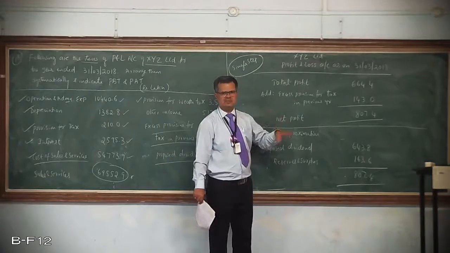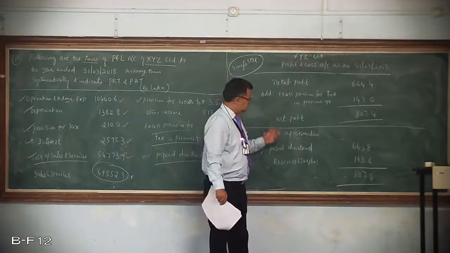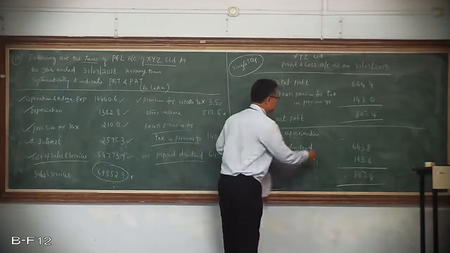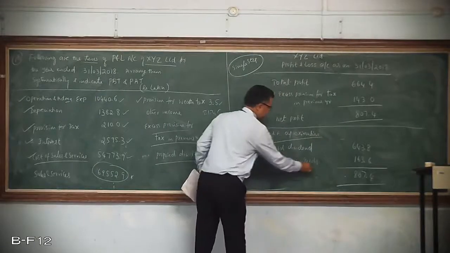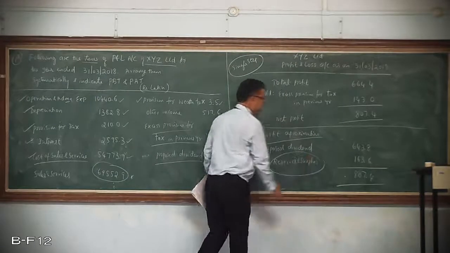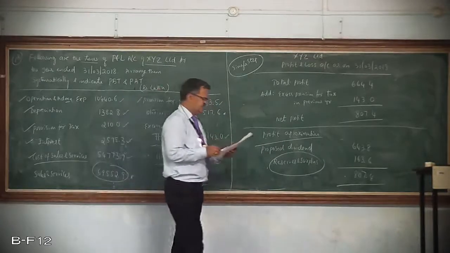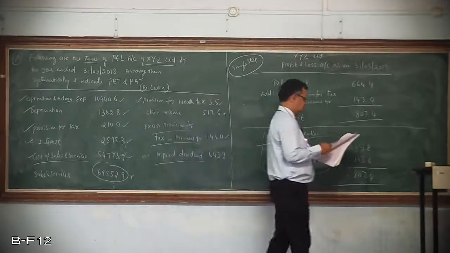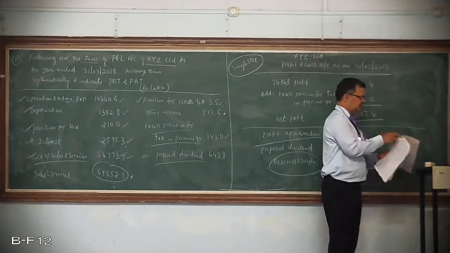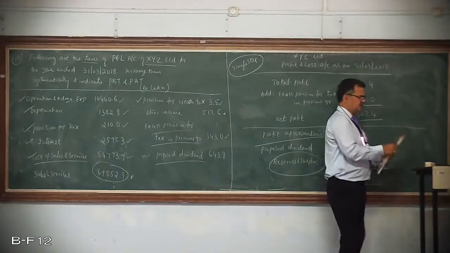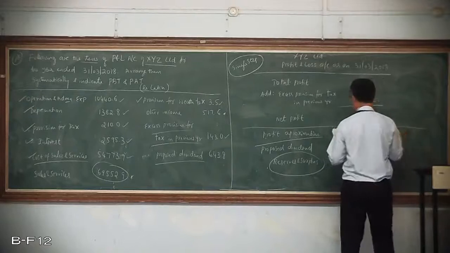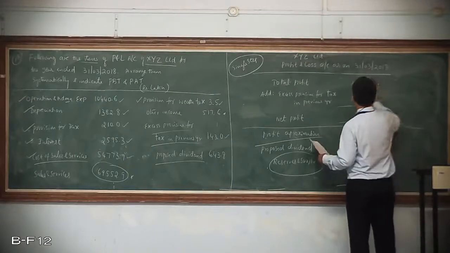Subtracting the expenses by the revenue. Next year, of course, this approximation is made and the surplus. Okay, that's about preparing the profit and loss account using single step. Now, the same problem we'll do in a multi-step.